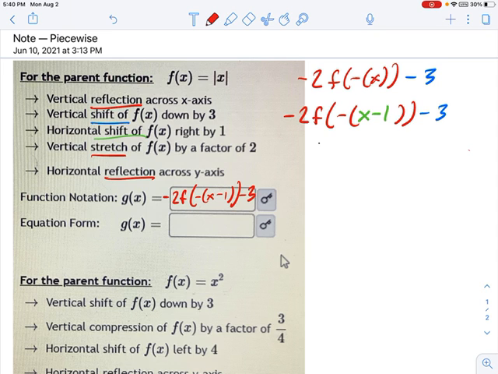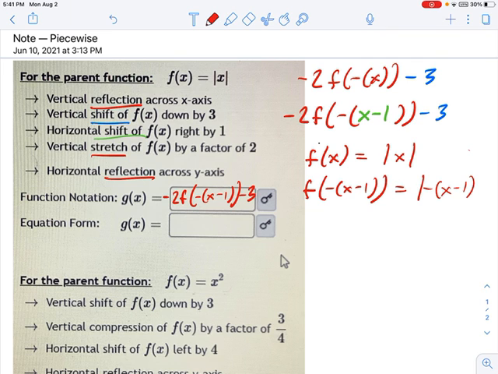Okay, and now when you turn that into equation form, what we're doing is replacing the f with the actual equation. So think to yourself, f of x equals absolute value of x. Well, that means f of this ugly thing equals absolute value of that ugly thing.